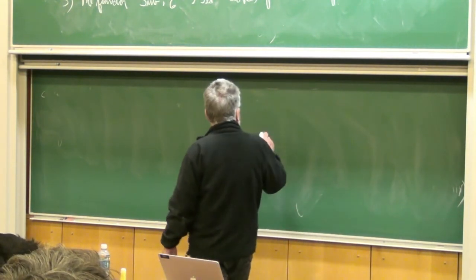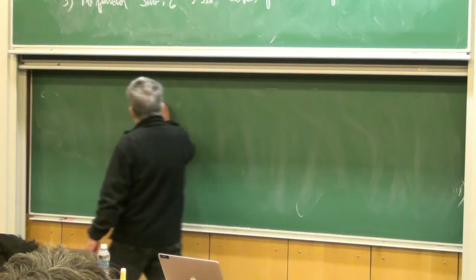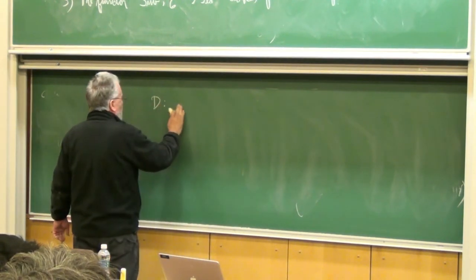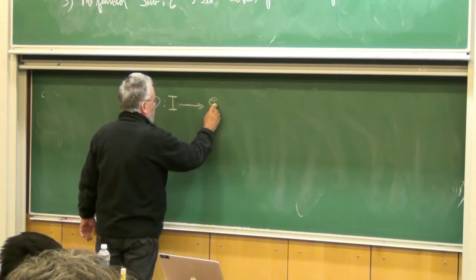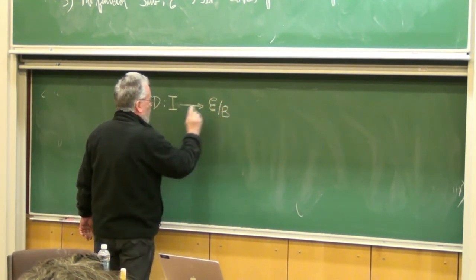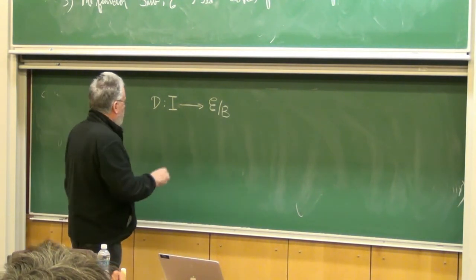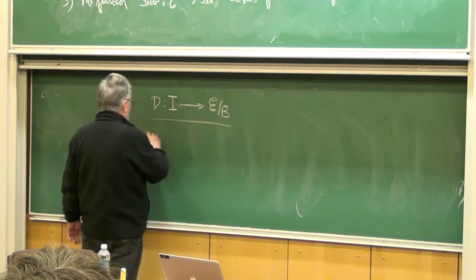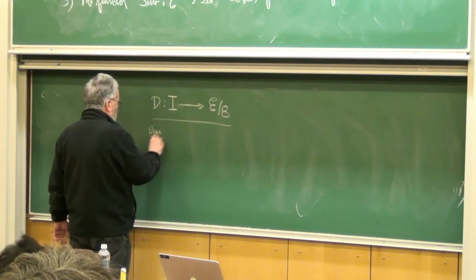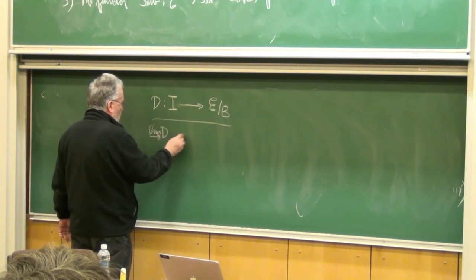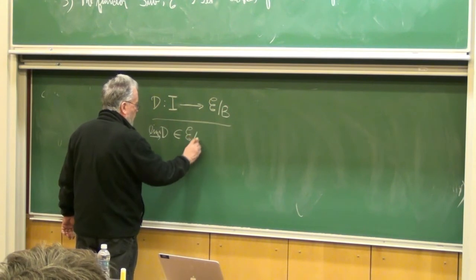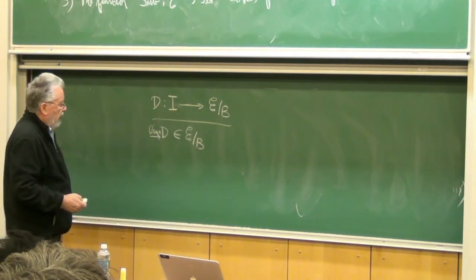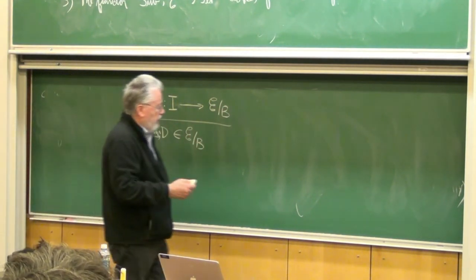If you have a diagram D indexed by a small category I into E over B, from the diagram you can take its colimit, which is an object of E over B. And then you can pull it back.